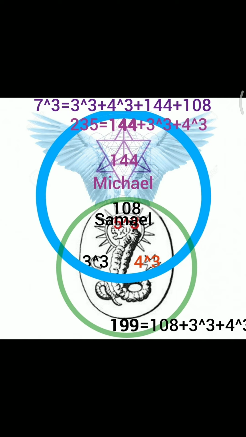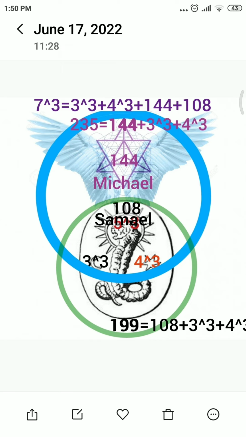Samael, on the other hand, is 108. And Samael and this guy, 125, in different form, is represented by the pentagon, because it is 5 cube, right? This Yaldabath guy is 5 cube. 5 cube has 5 corners.